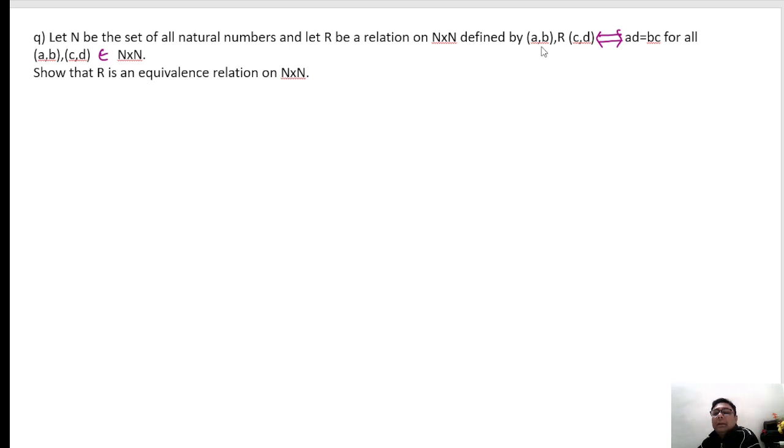See how they are telling (A, B), so that we have, this is an equivalence relation. Okay. So reflexive.